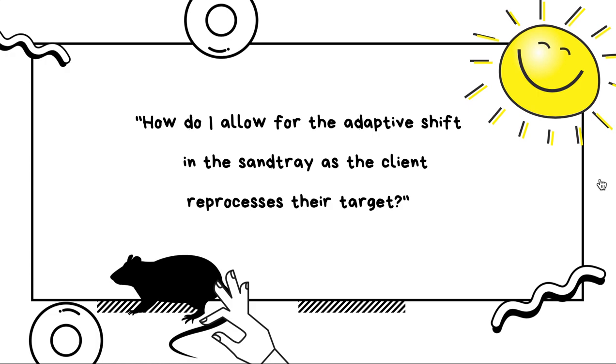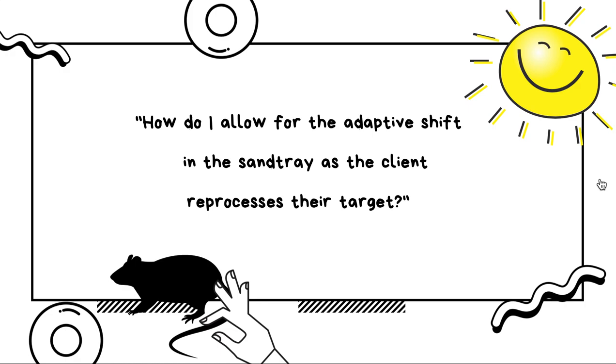Now, I did want to put this question in there, although this is not specific to phase 3. This is a question that I get frequently, and it moves on to phase 4, the desensitization, and phase 5, the reprocessing. So, how do you allow for the adaptive shift in the Sandtray as the client reprocesses their target?